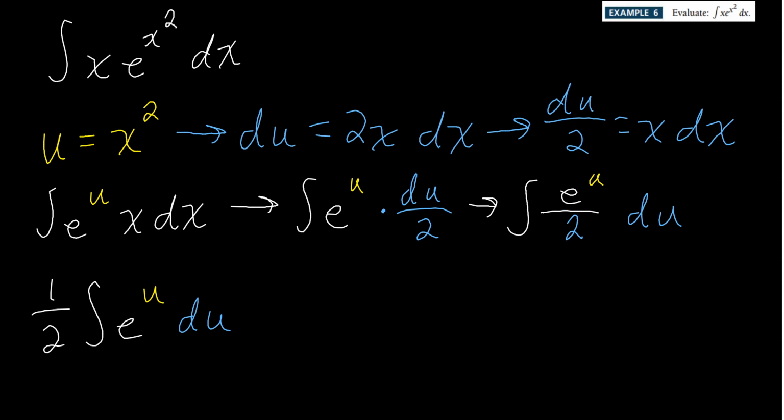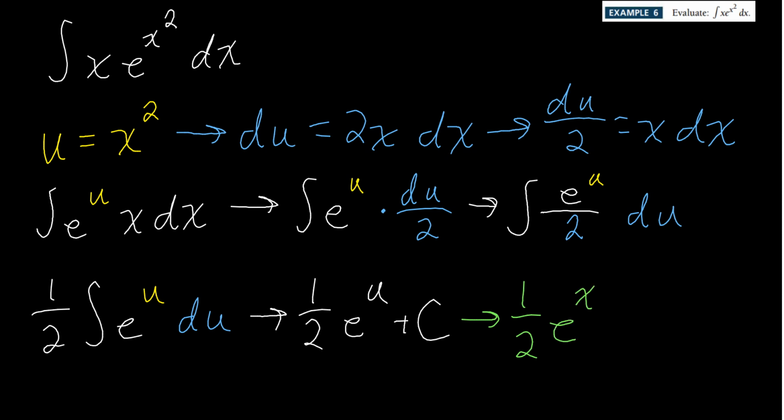And so this becomes 1/2. All right, what is the integral of e to the u? Lucky for us, it is e to the u plus c. And then, well, we didn't start with a u to begin with, so we're going to have 1/2 e to the, my u was x squared, so e to the x squared plus c.